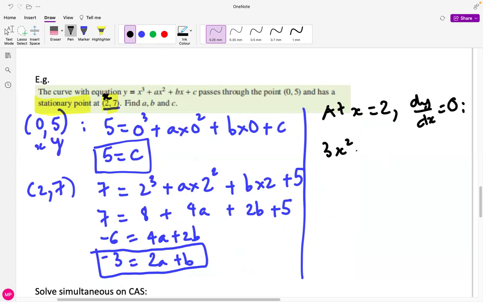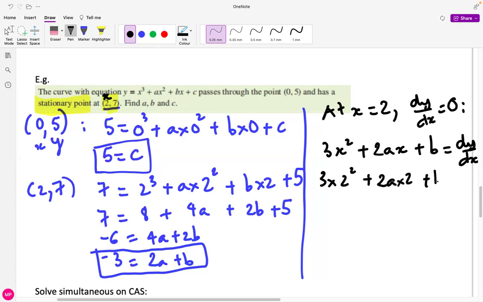Derivative of ax squared is 2ax, plus b, right? That is the derivative. Now you're going to substitute x equals 2 and derivative equals 0 in. So you have 3 times 2 squared plus 2a times 2 plus b equals 0. Okay, derivative equals 0. So 4 times 3 is 12, 12 plus 4a plus b equals 0. So this is your other equation.